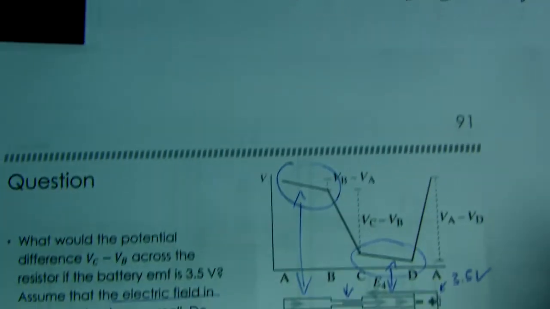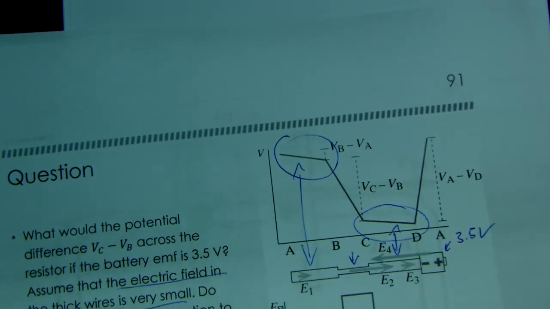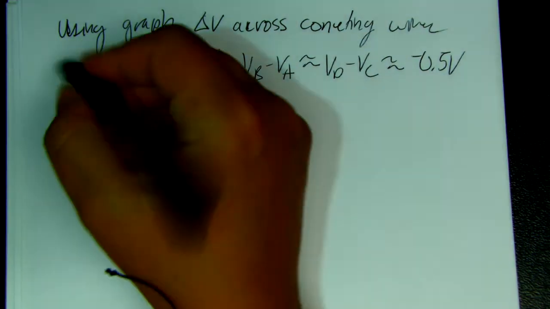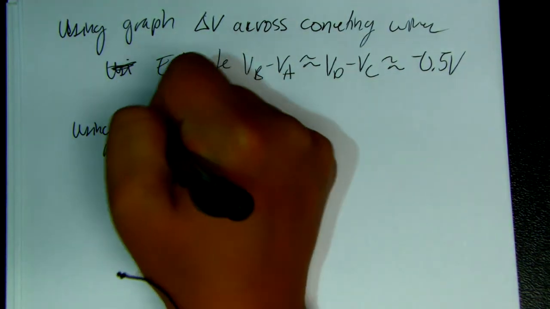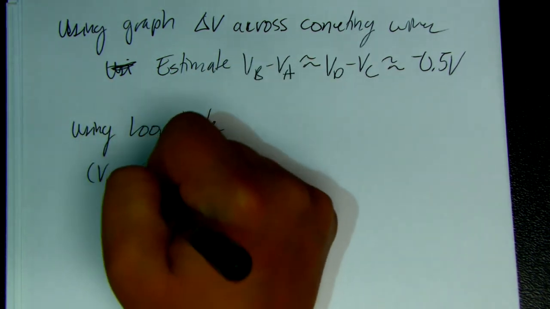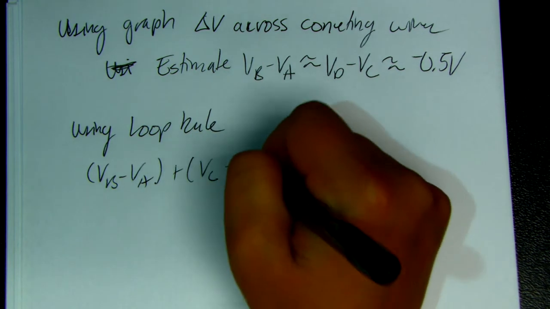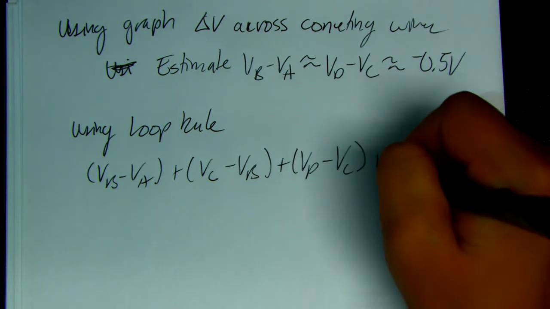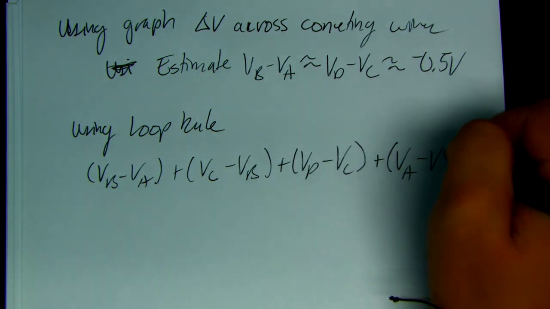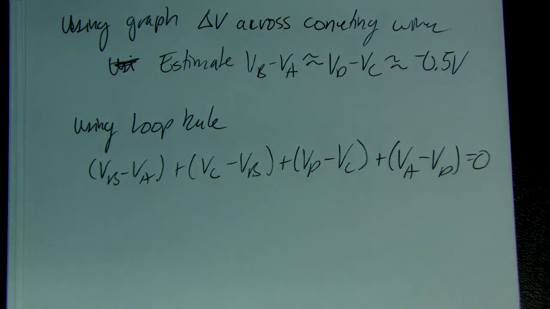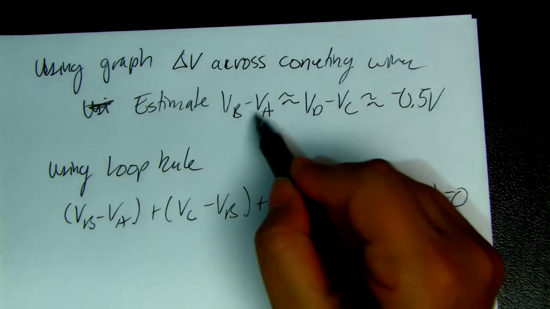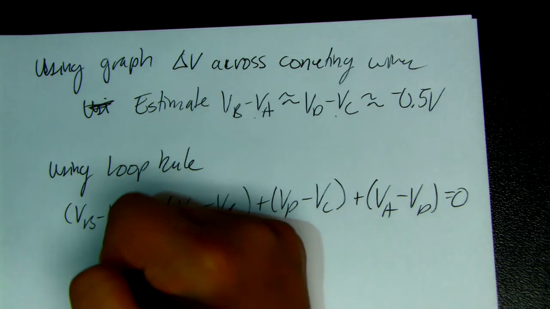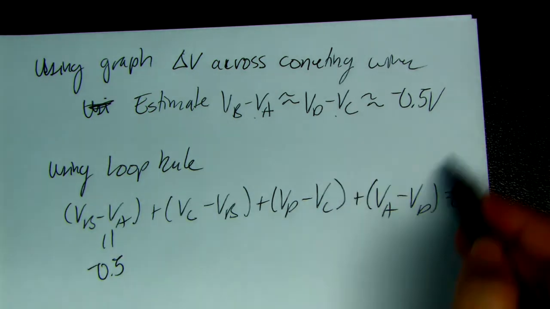All right, now that we've made that estimation, we can start using the loop rule to go after the solution to this problem. So we have VB minus VA plus VC minus VB plus VD minus VC plus VA minus VD is equal to 0. And we had said that these two are equal to minus 0.5.